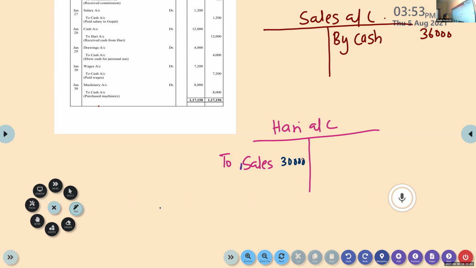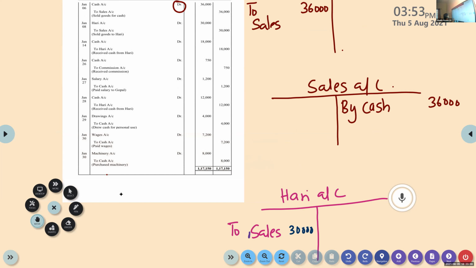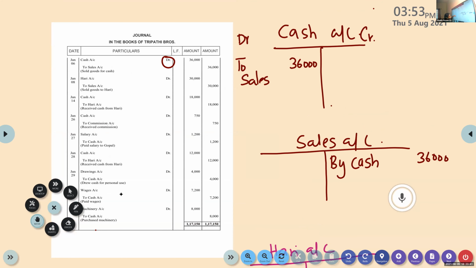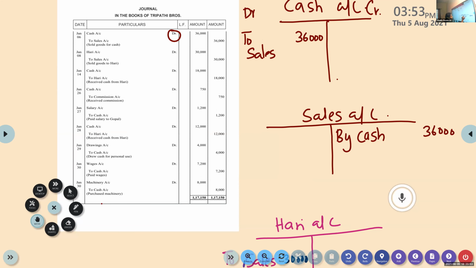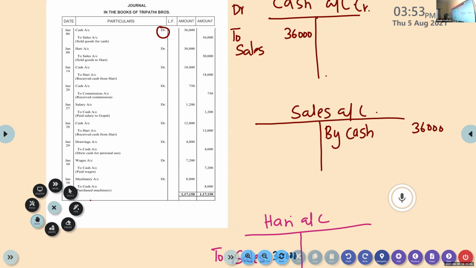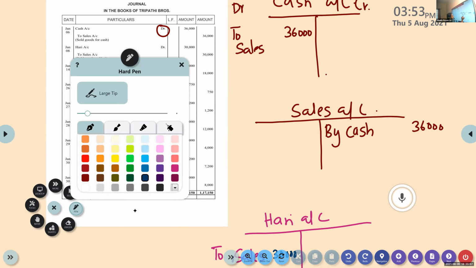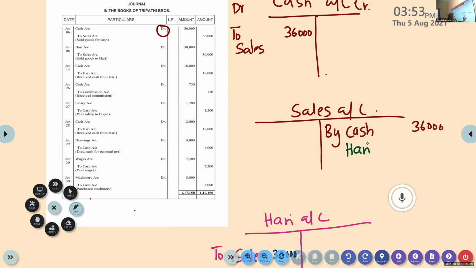Now come back to sales account. What to write there? Hari account debtor to sales. In the sales credit side, we will write Hari account. How much? 30,000.